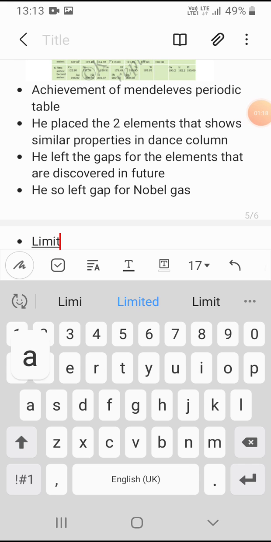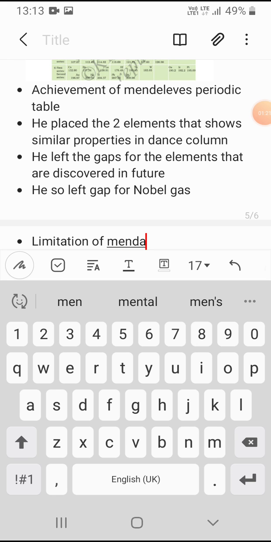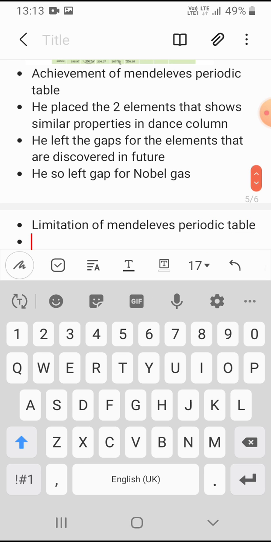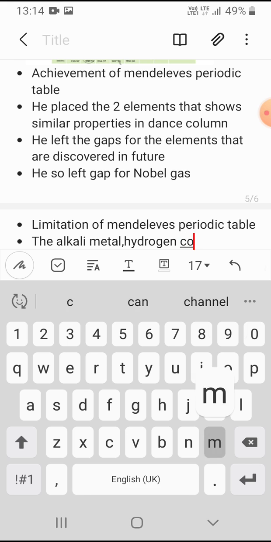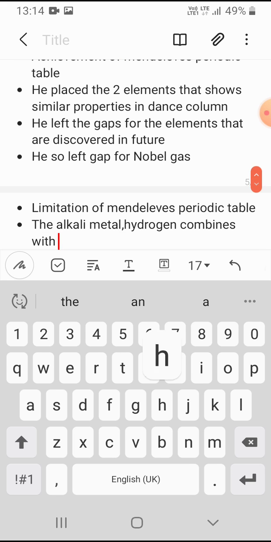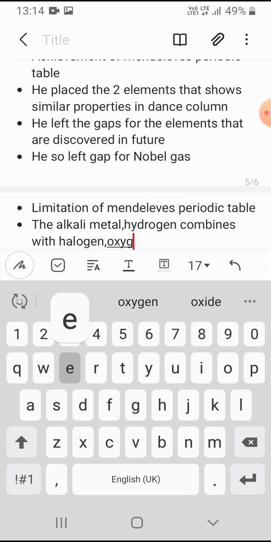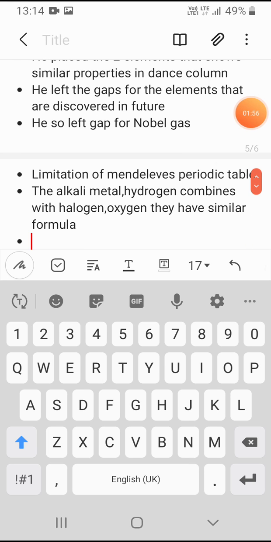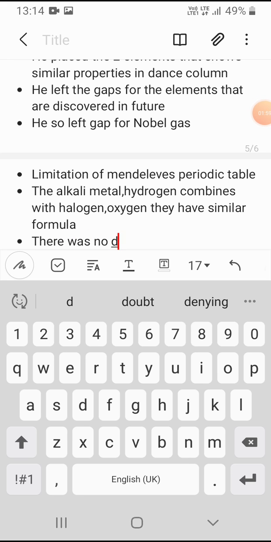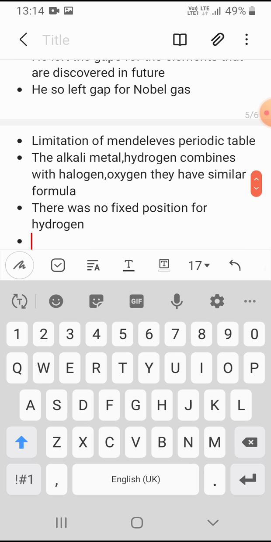Limitations of Mendeleev's periodic table. What limitations did it have? Hydrogen can be placed with alkali metals, and hydrogen also combines with halogens and oxygen, forming similar formulas, so there was no fixed position for hydrogen in Mendeleev's periodic table.